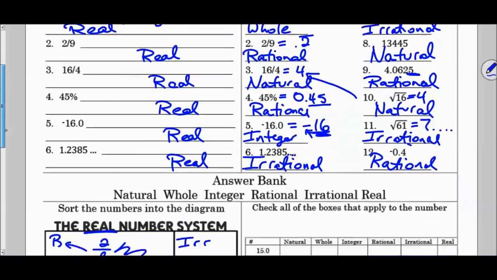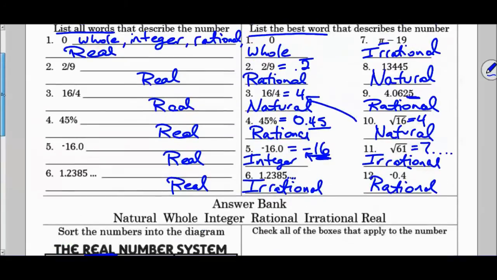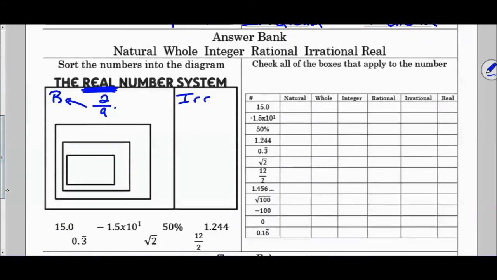All right, so that number 2, let's look at our diagram again. That fits into the rational numbers. There's no bigger group than that other than real. It's just rational. That is a rational number, and it's a real number since they're all real. 16 divided by 4, that's going to fit into our smallest group here.